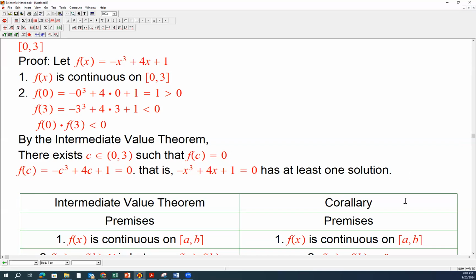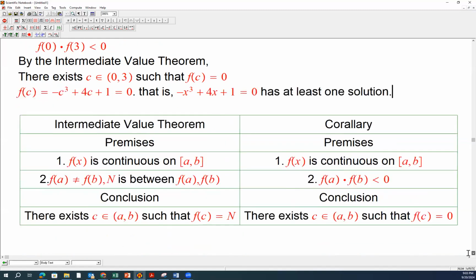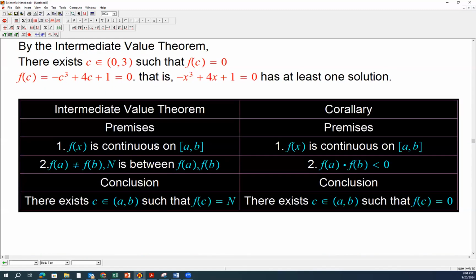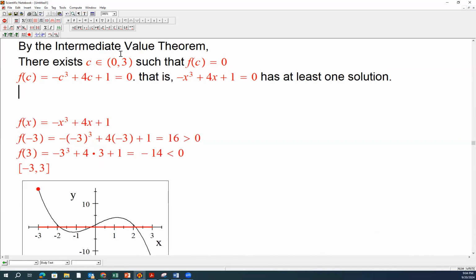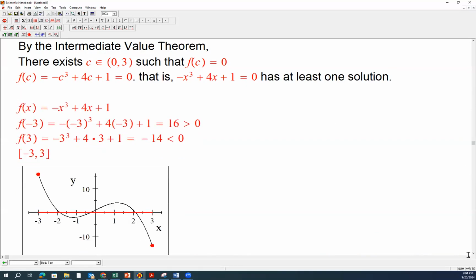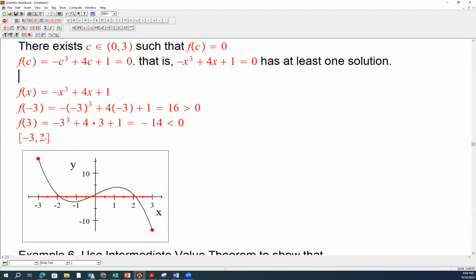Okay, there's no necessity to draw the picture, but if you draw the picture, actually I drew the picture to share with you. Okay, you may identify different intervals, right? -3, +3 will work, but there are more than one solutions.